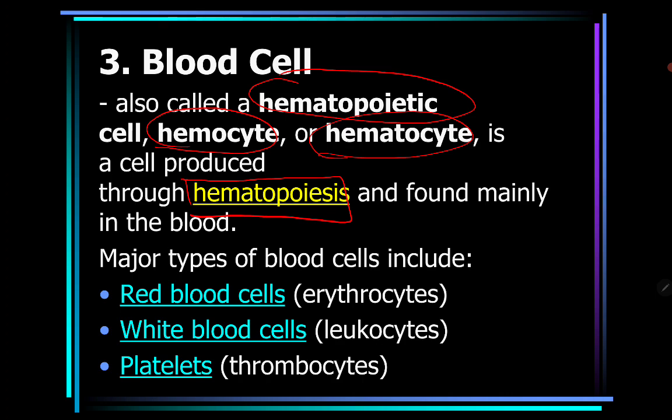When we say hema, it means blood, and it is found mainly in our blood. So we have three types of blood cells: the RBC or erythrocytes, the WBC or leukocytes, and platelets or thrombocytes.